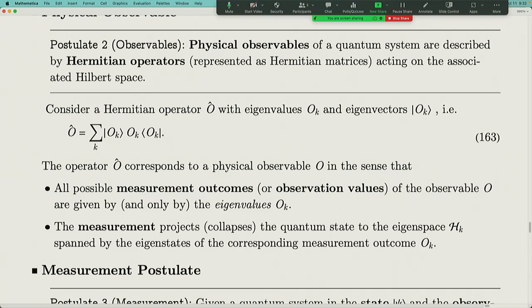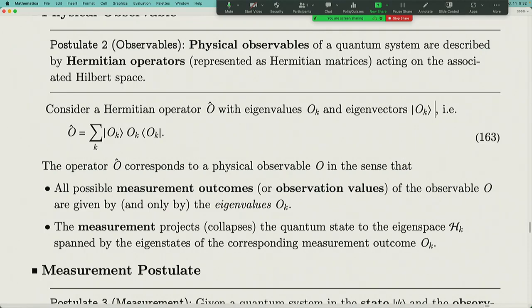And then the measurement projects or collapses the quantum state to the eigenspace spanned by the eigenvectors of the corresponding measurement outcome. So in this case, if there's no degeneracy, meaning that every eigenvalue is different, then every eigenvalue specifies a corresponding eigenstate. If you observe a certain eigenvalue, you can uniquely identify the eigenstate corresponding to that.